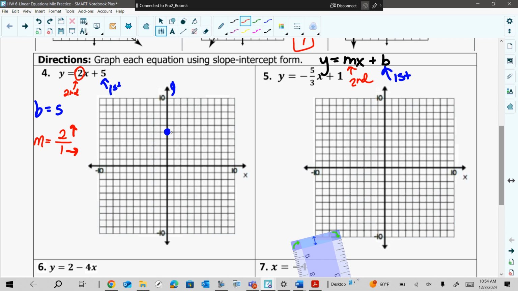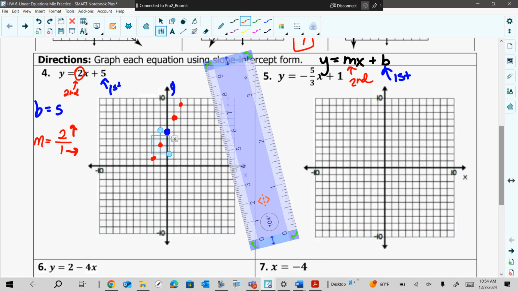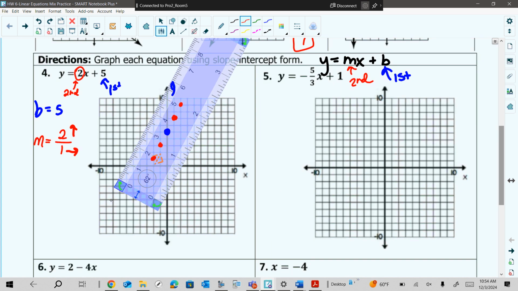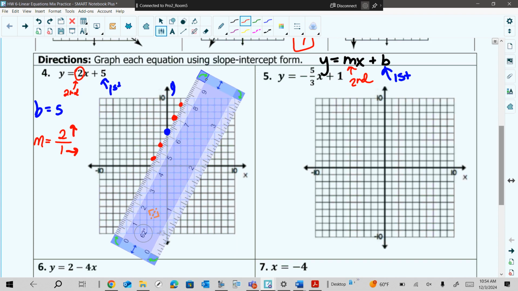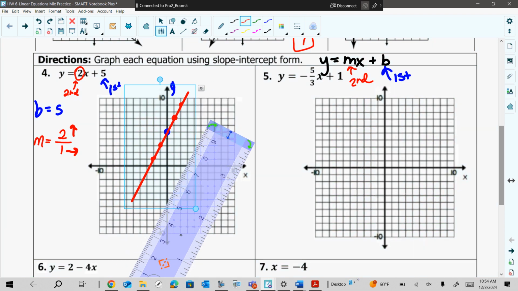Very good. Count up 2 and 1 to the right and repeat that. Or you can count down 2, go reverse order, down 2, left 1. All right, you want to use your ruler, line up your points, draw a line through your points.